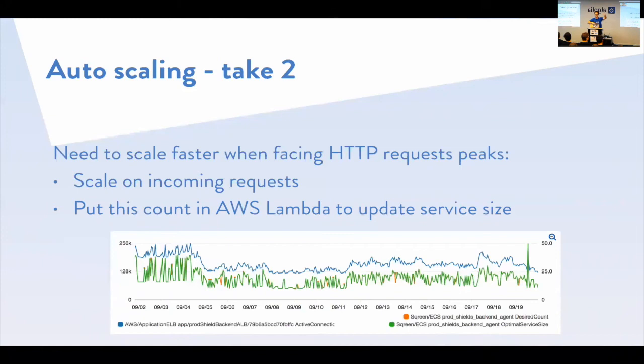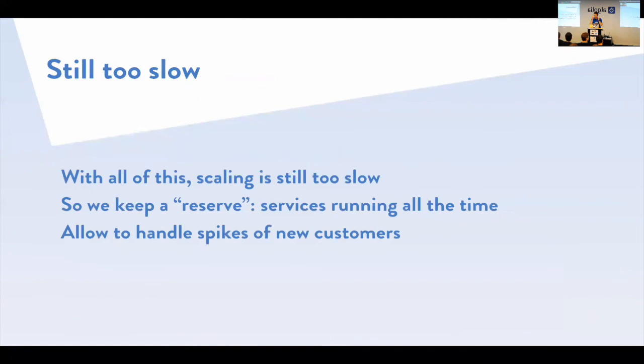So we scale the number of services depending on the number of incoming connections, and later we add more machines if the cluster reservation is not enough. But it's still too slow, even with all of this, because when you boot a new machine, you need 2 to 5 minutes on AWS to go from booted to operating, right?